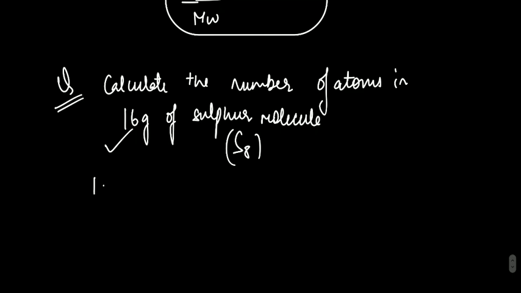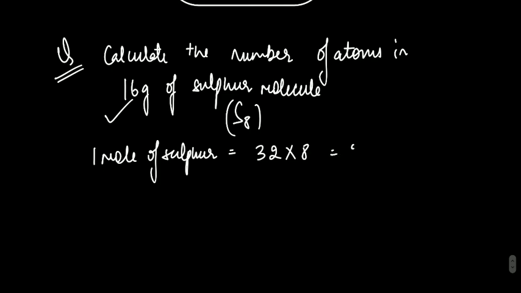So 1 mole of sulfur is equal to what weight? What's the weight of this sulfur molecule? So sulfur mass is 32 into 8. So 32 into 8 will be 256 gram. So 1 mole of sulfur molecule is equal to 256 gram.